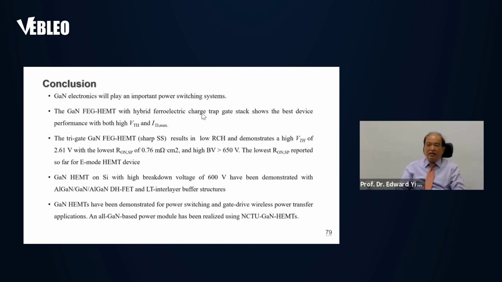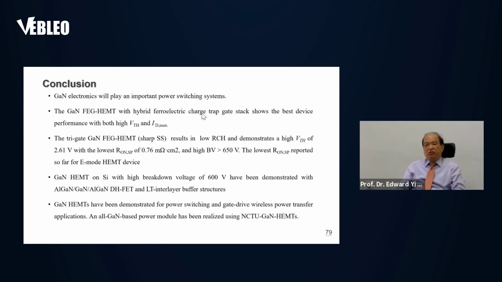The tri-gate with very sharp SS results in low channel resistance and demonstrates high VTH at 2.6 volt, with the lowest R on SP of 0.76 milliohm per centimeter square with high breakdown at 650 volt. And these are the lowest reported so far for E-mode devices.